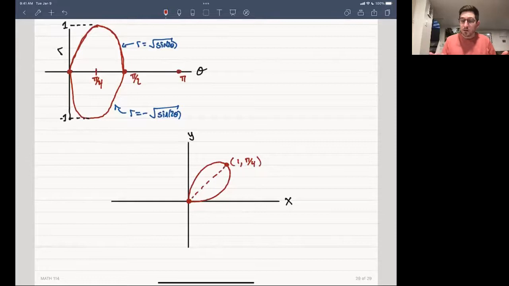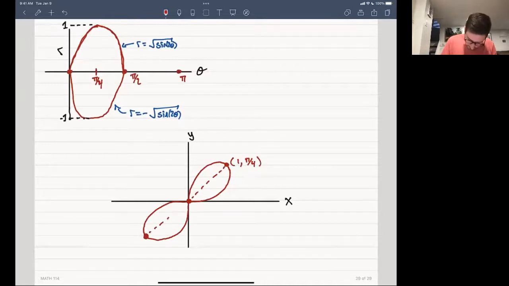What happens for the bottom curve, so the minus square root of sine 2 theta? Well, basically exactly the same thing. Remember, we saw when you negate r, you flip over the origin. So we flip into the third quadrant here, and so we get this curve right here.